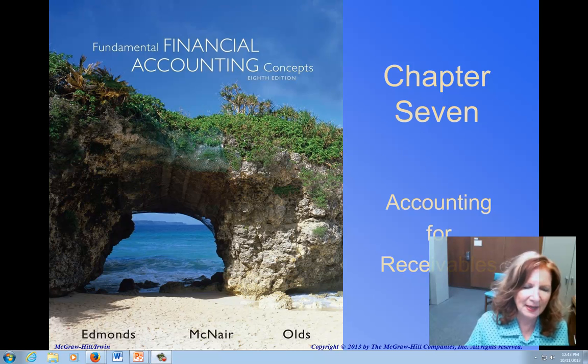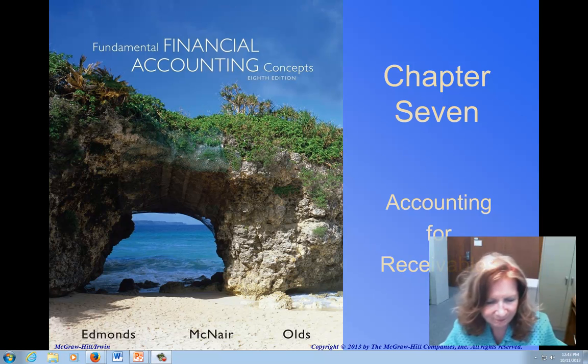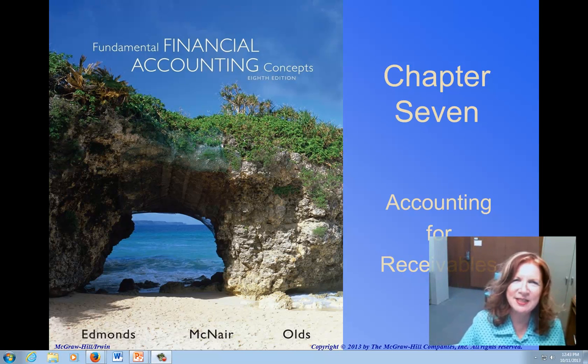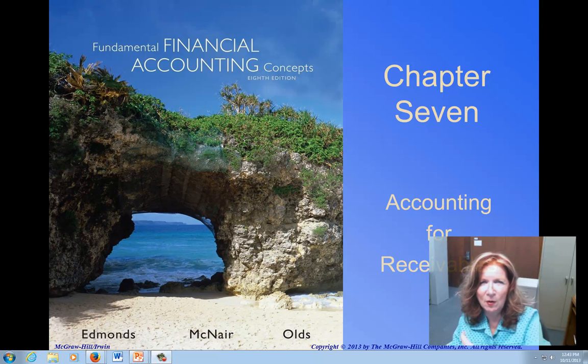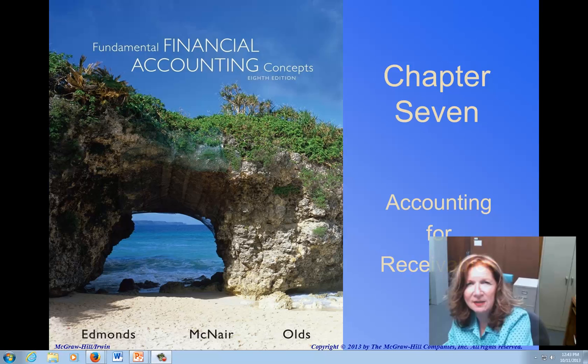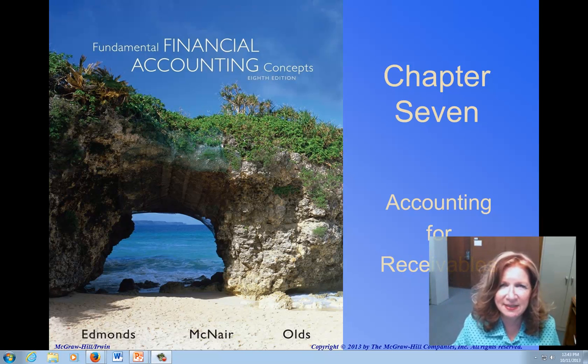Now remember that if I was using the aging of accounts, percentage of receivables method, I've aged these receivables, and that's how much I need to put in there. Now I'm going to extend the example in the book just a little bit. If I had a debit balance of $500 and I needed to move it up to a credit balance of $3,760, I'd have to move it out of the debit through zero and over to a plus $3,760.